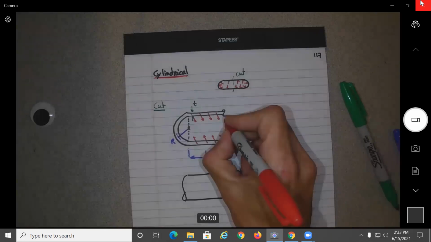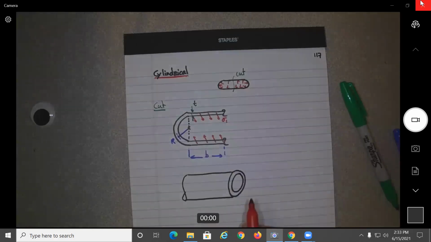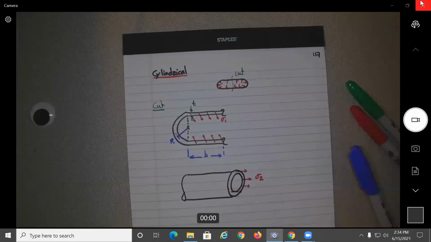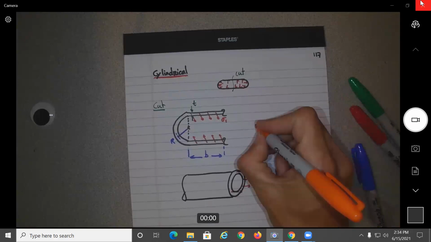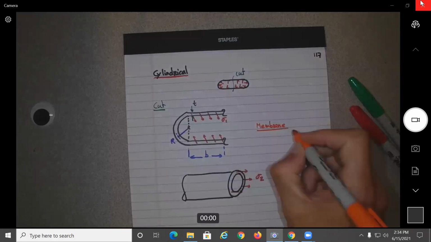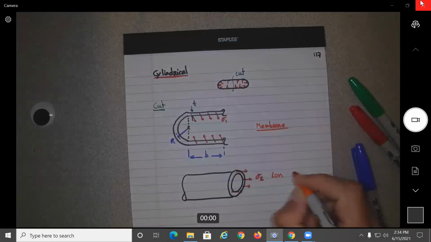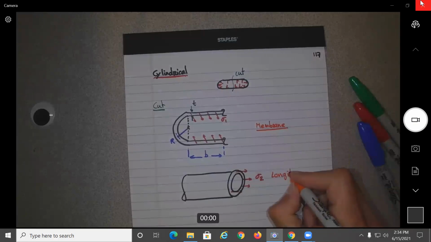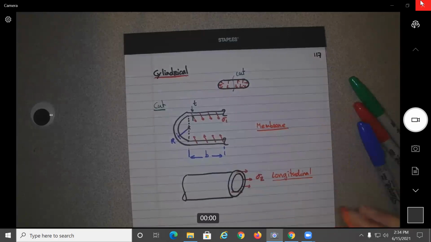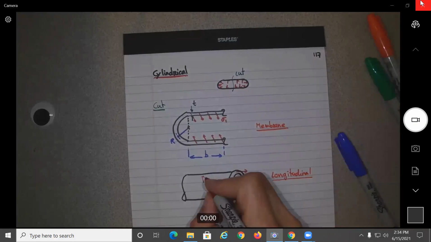So it should be sigma 1, and through here, this would be sigma 2. So this will be the membrane, and this one would be longitudinal. But again, there should be pressure all inside this.